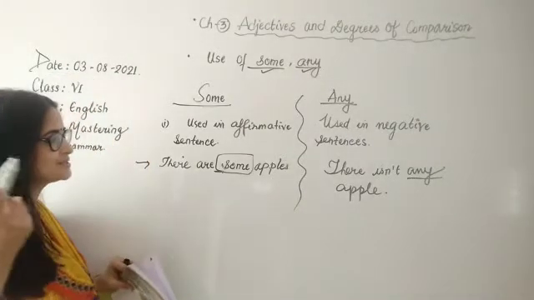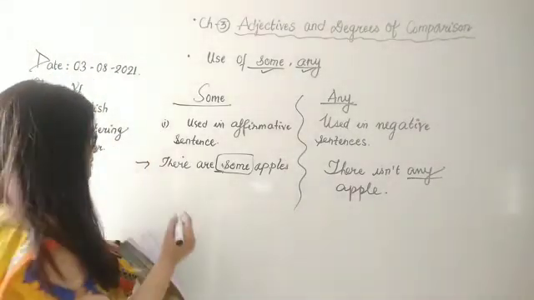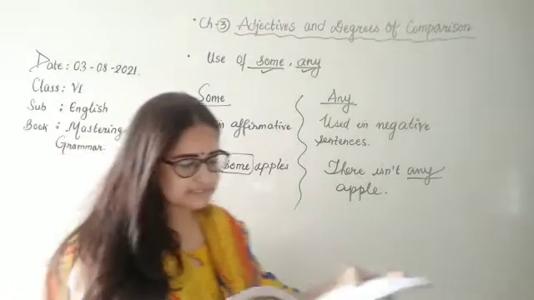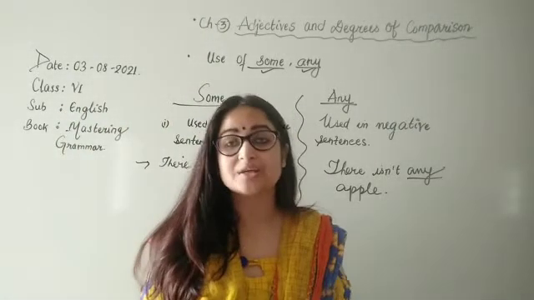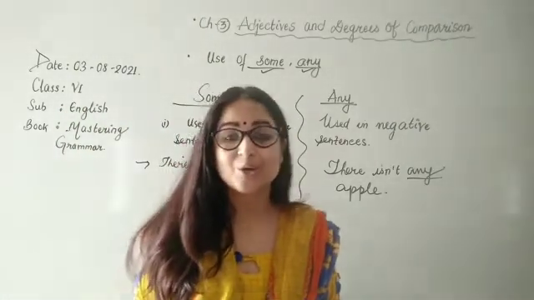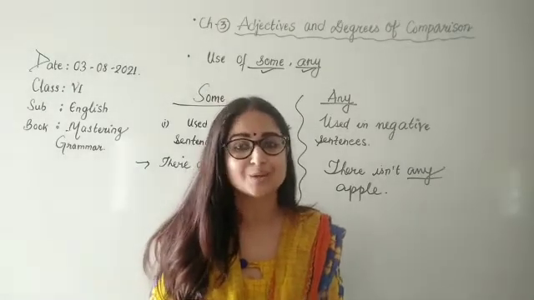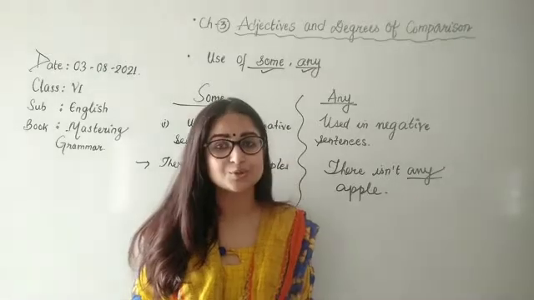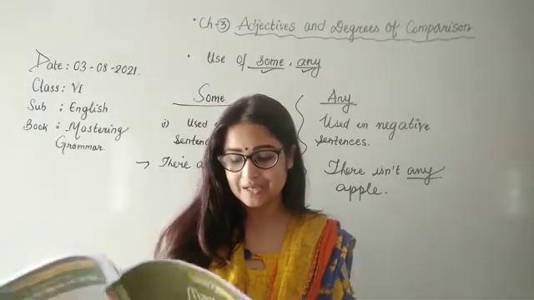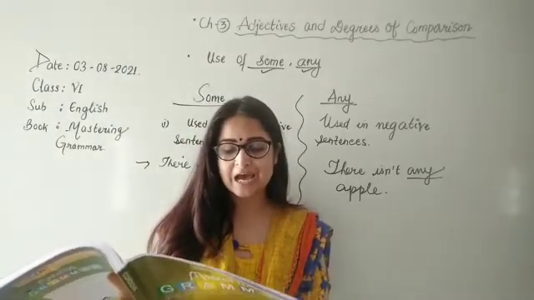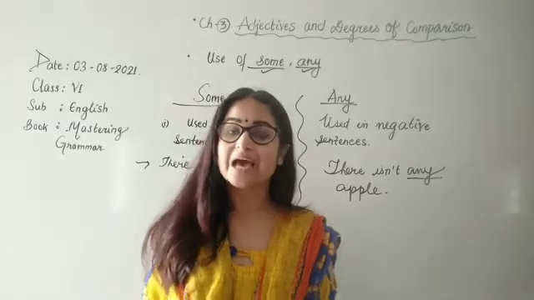The number is nil. Now see here, she has not brought any oranges. You can see not. I told you for negative we use what? Not, none, no. So any is also used in the negative sense only. So you should know she has not brought any apples.